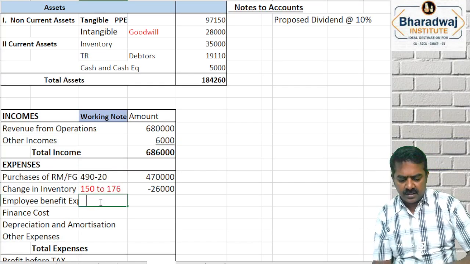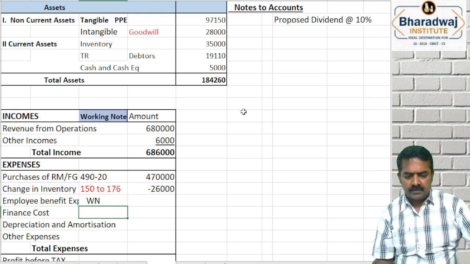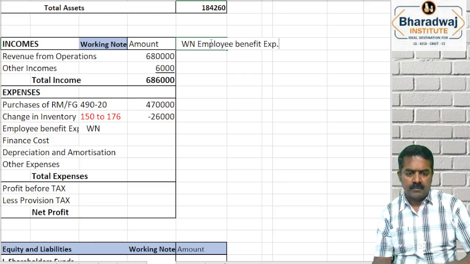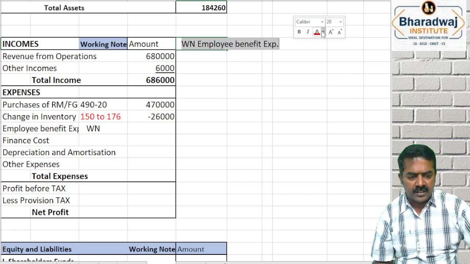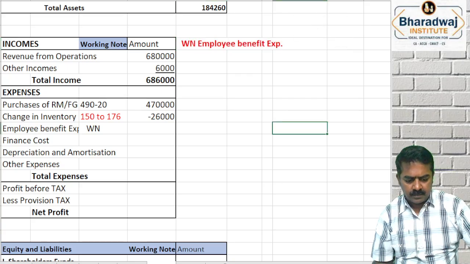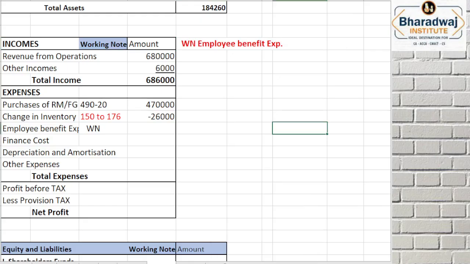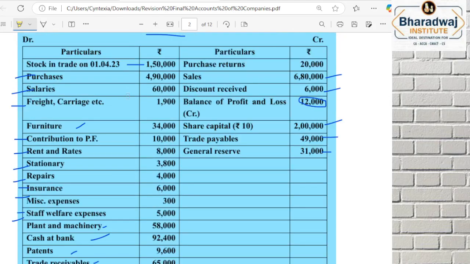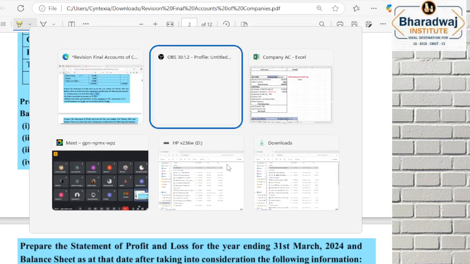Employee benefit expenses. Let us prepare the working note. You work out and tell me how much employee benefit expenses. 60,000 plus outstanding salary 1,800.